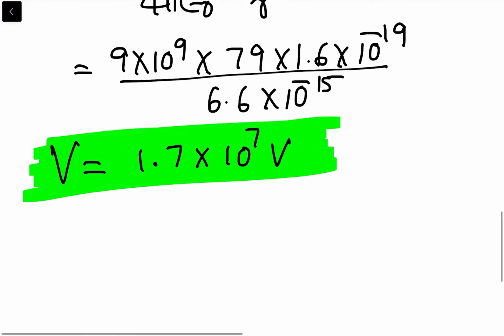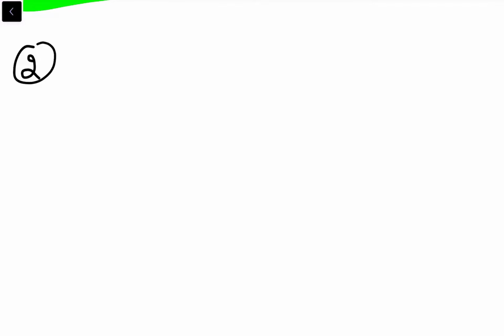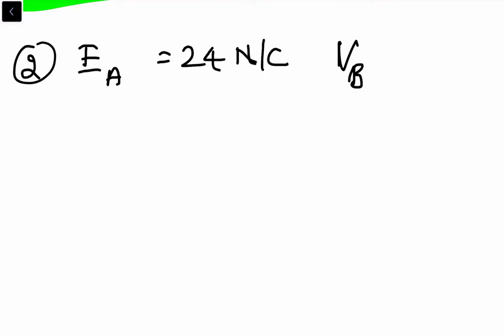So now let's go for the second problem. First let us see what they have given. They have given the electric field at the point A, that is 24 newtons per coulomb, and the potential at the point B, that is 12 joules per coulomb. Now what they asked is, let me give you a rough idea.